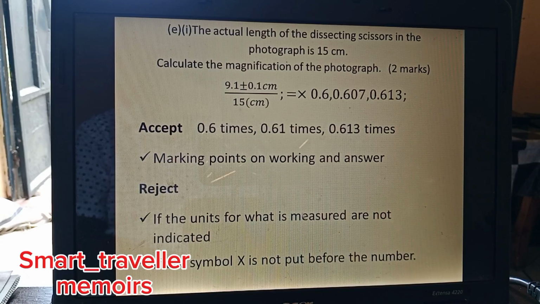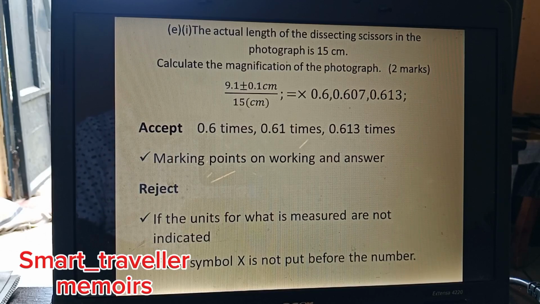How do you get this? 9.1 is got as the measurement. You measure the length of the scissors in the photograph with your ruler, and then you divide by the actual length, because it is drawing length over actual length.